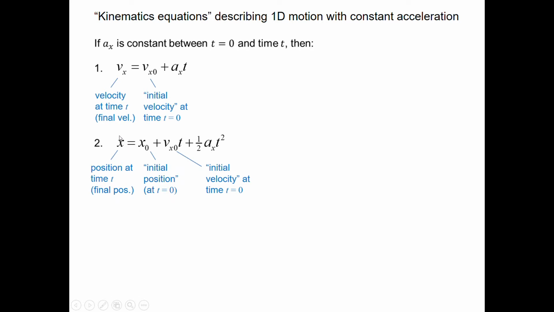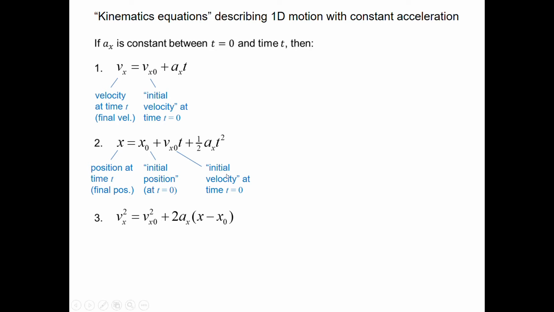The x represents the x-coordinate of the object at that later time t. x0 represents the initial position, or x at time t equals 0. Vx0 represents the same thing that it did before, the initial x velocity, and Ax is the constant acceleration that's valid for that time. t is how long, of course, it takes to get from t equals 0 to t.